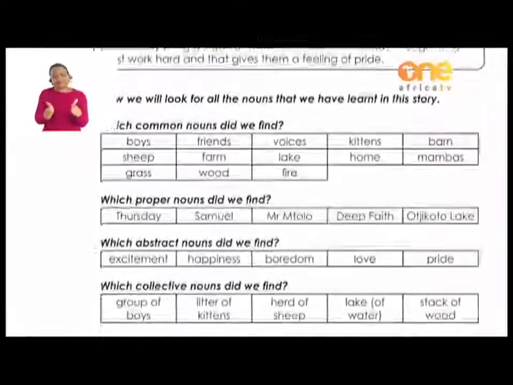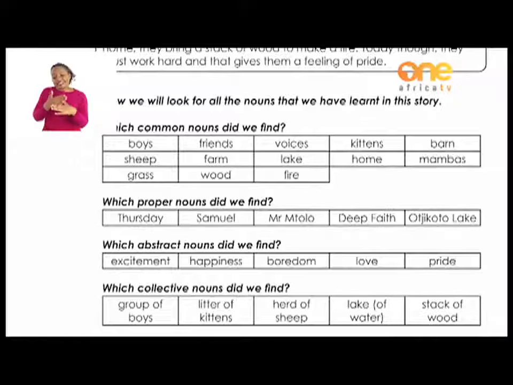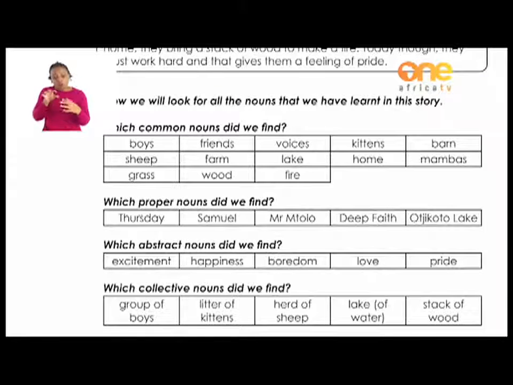All right, now we are going to look at all the nouns that we have learned in this story. I have done it for you, okay? With this activity, I have given you the answers. First question says, which common nouns did we find? There are boys, friends, voices, kittens, bin.